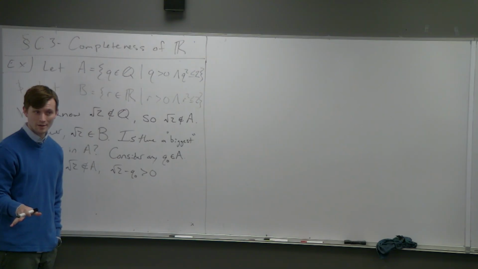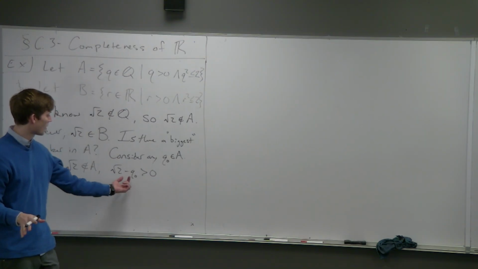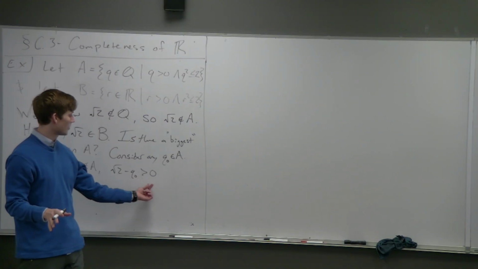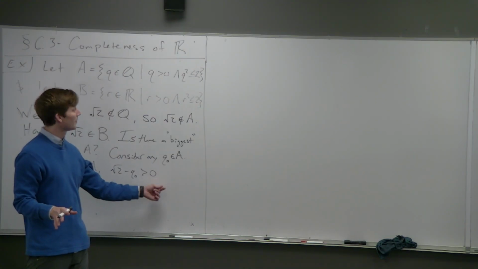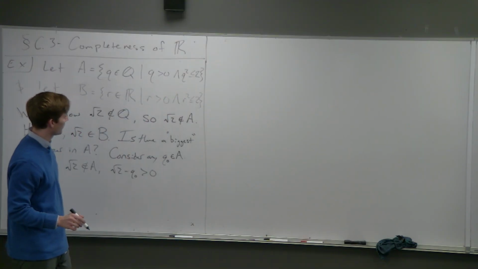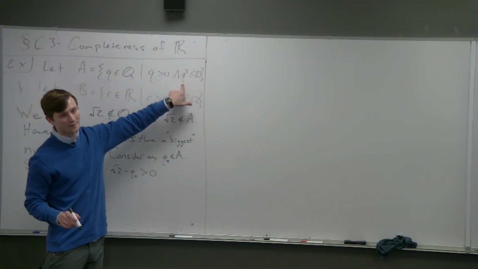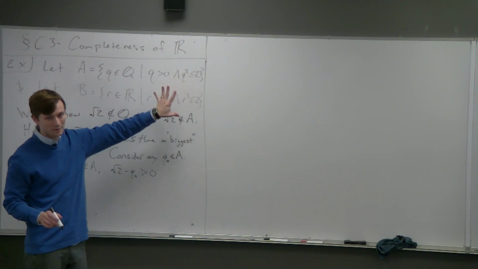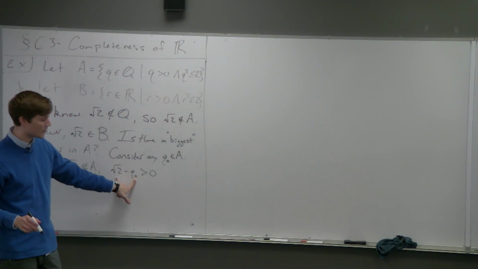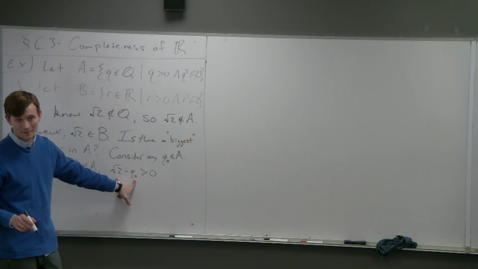Do you agree with that? After all, you just have to move Q0 over here, and that's what this part says, yeah? Okay, cool. So this is bigger than 0.